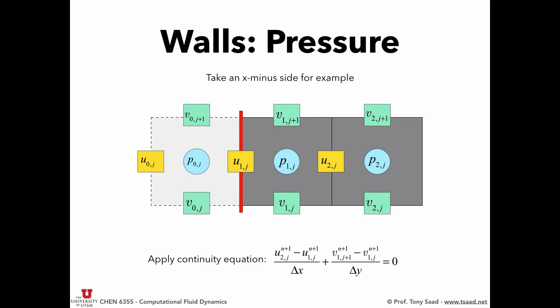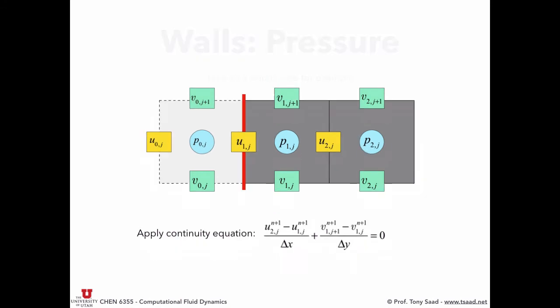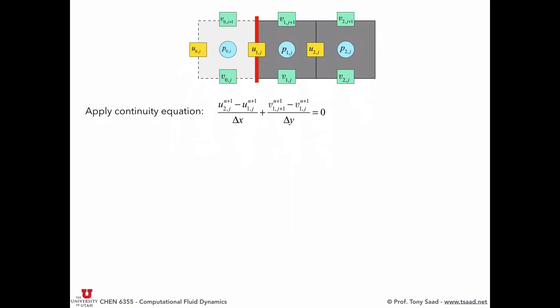Okay, but we know that u1j n plus 1 is equal to 0. It's given to us, correct? So this implies if we set u1j equal to 0 over here, this simplifies the continuity equation in this cell to this thing. Okay?